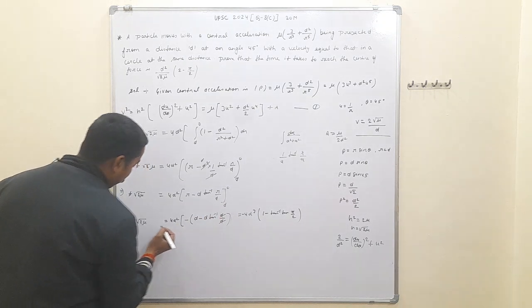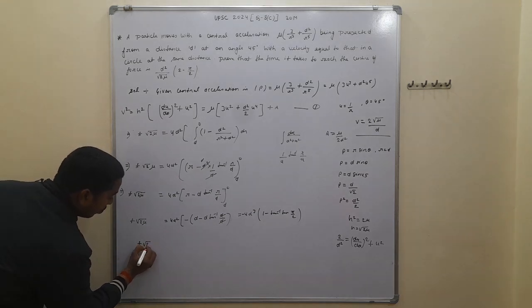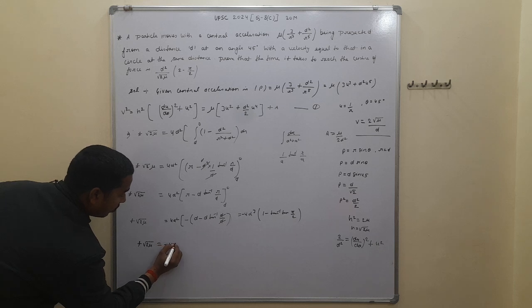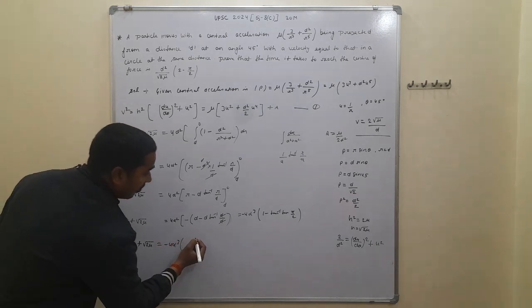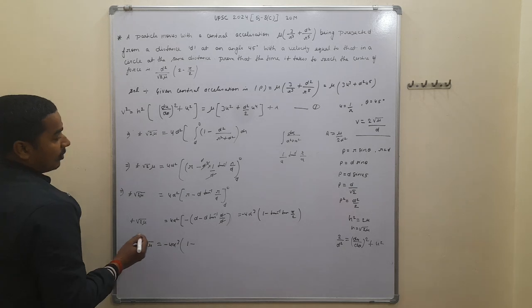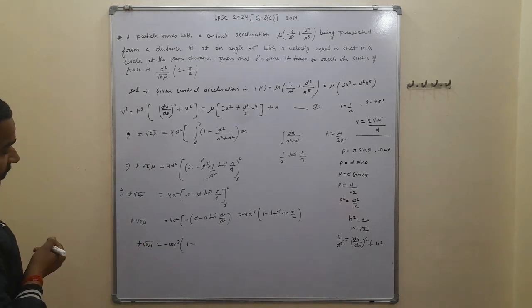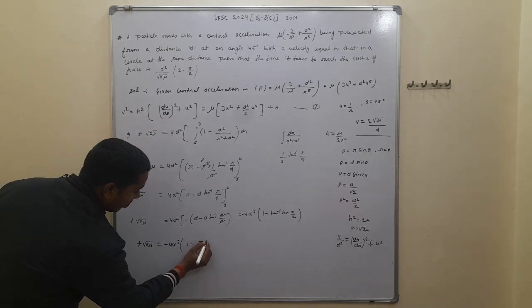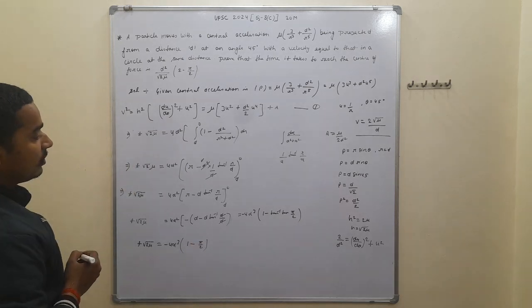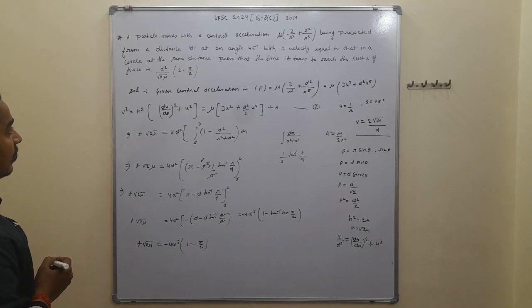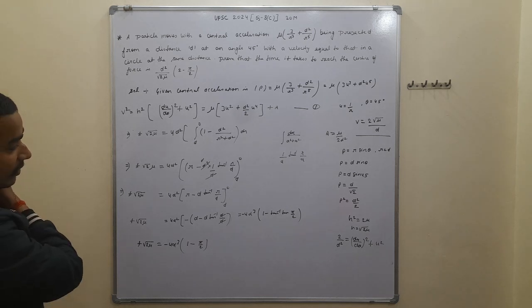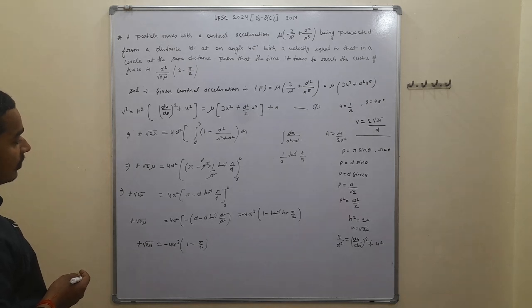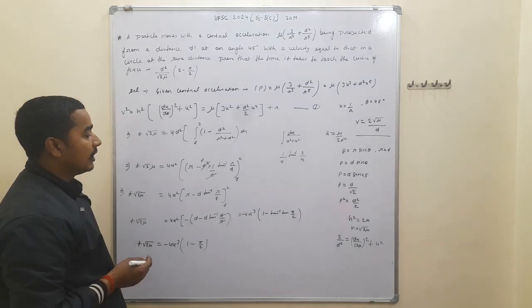And from here we can also write t root 2 mu is equal to 4d cube and 1 minus of, the value of 1 is tan 45, 1 minus of pi by 4.